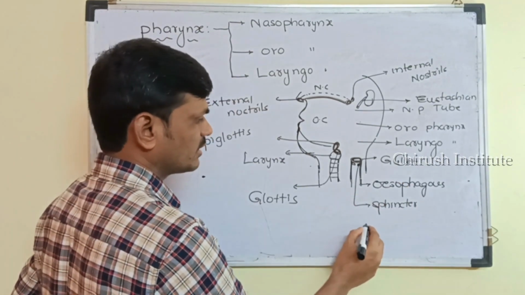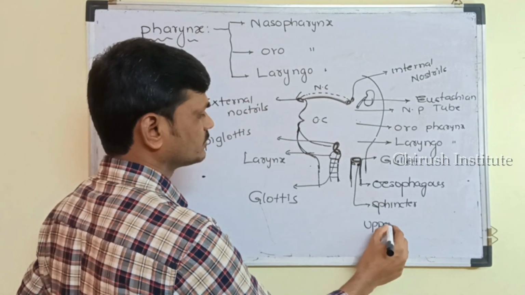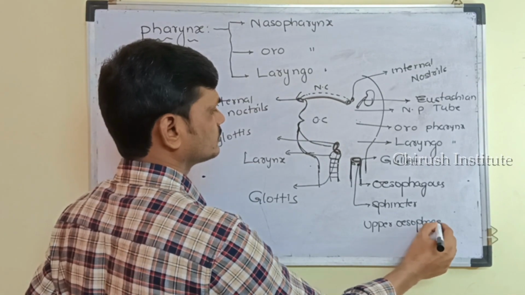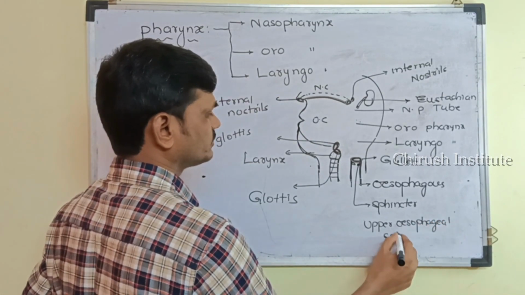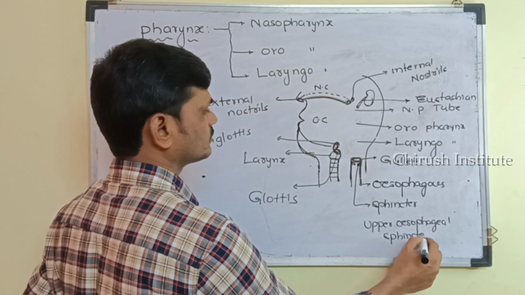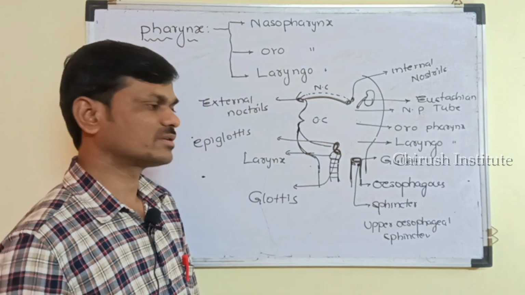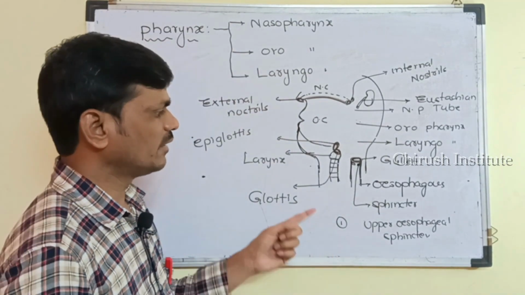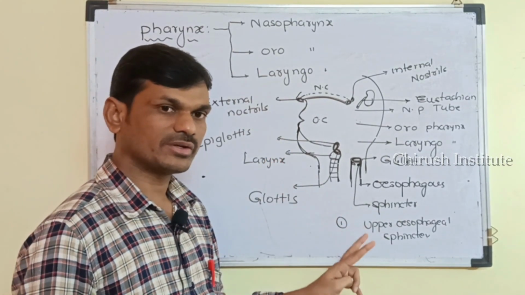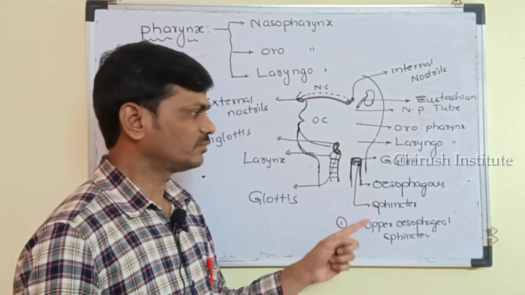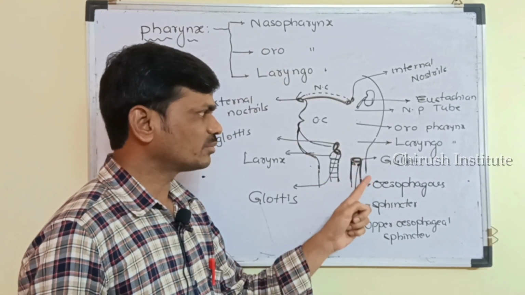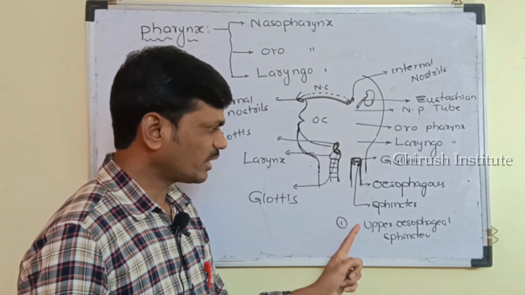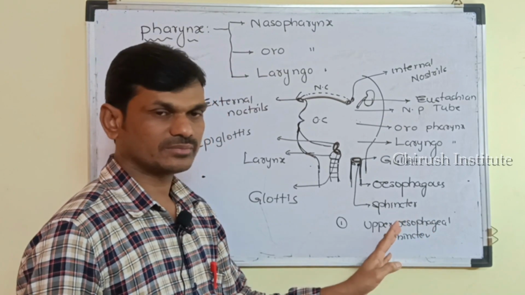This sphincter we are calling the upper esophageal sphincter, and this is the first sphincter of the alimentary canal. Important: the first sphincter in the alimentary canal is present at the opening of the esophagus into the laryngopharynx, guarded by the upper esophageal sphincter.